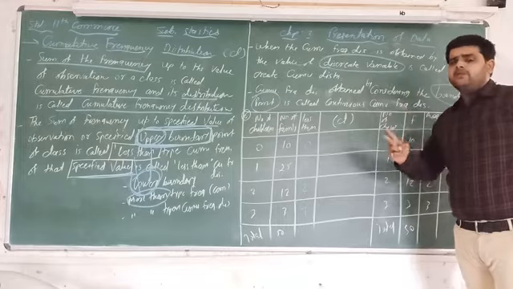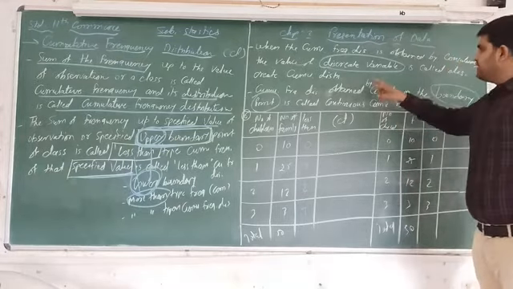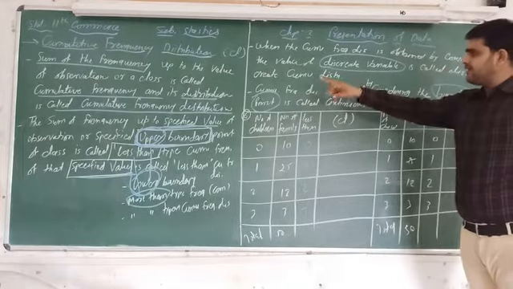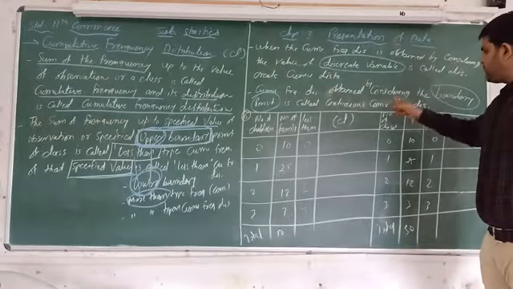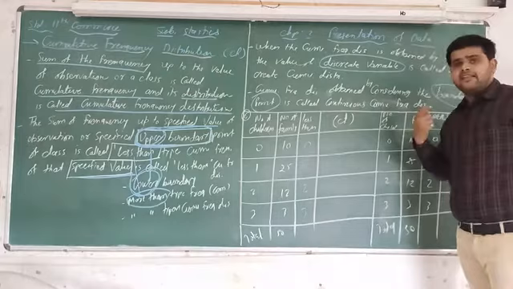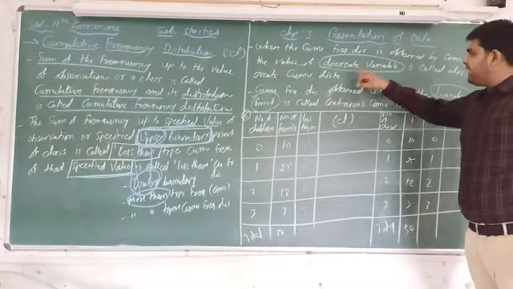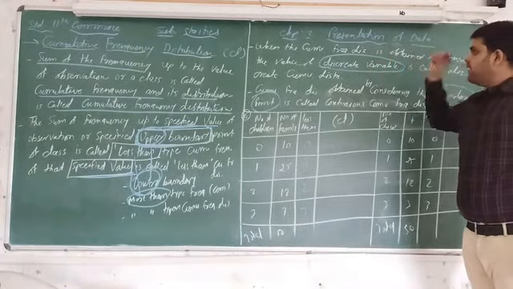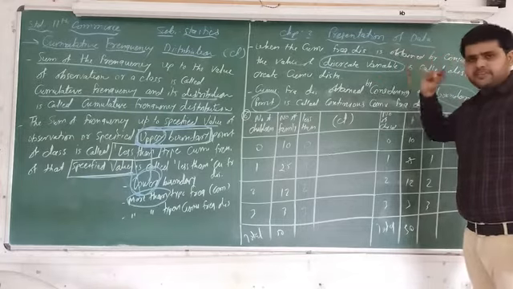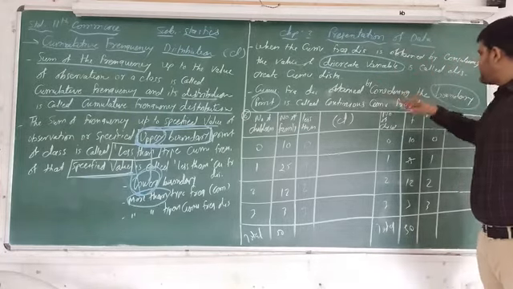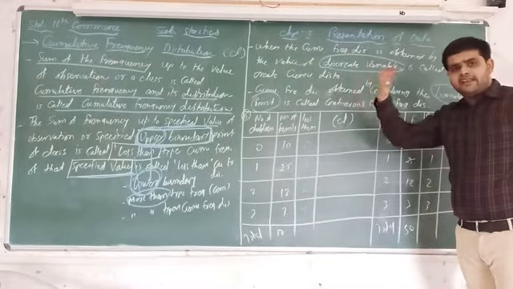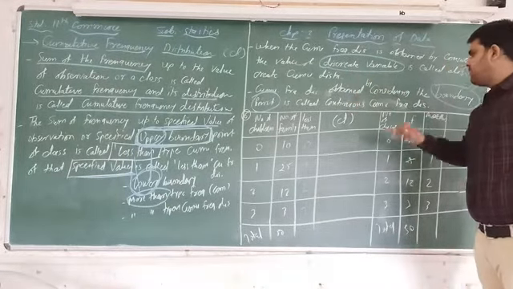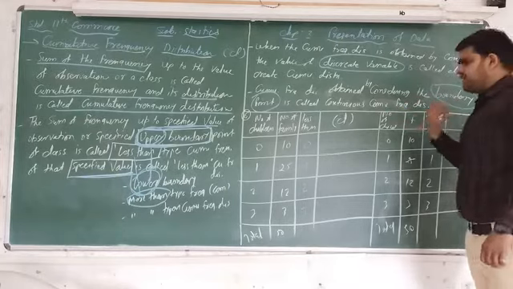So again two definitions: number one is the discrete cumulative distribution, and second is the continuous cumulative frequency distribution. If we are considering a discrete variable, it is a discrete cumulative frequency distribution, and if we are considering the boundary point, that is a continuous cumulative frequency distribution.